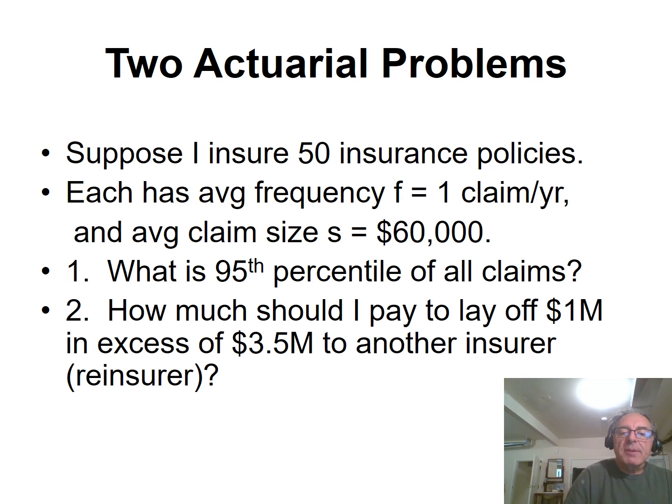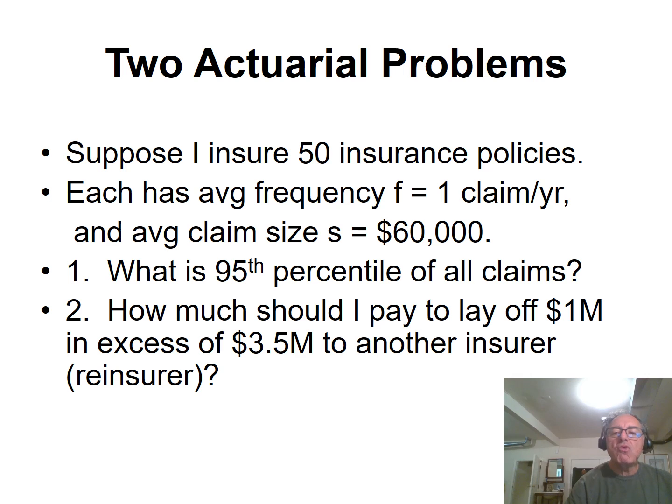So as an insurance company, I don't need to retain all my claims business. Just as you buy insurance from me, I, as the insurance company, can buy insurance from someone else. And I can say, you know, $3.5 million is about as much as I want to pay in a year.